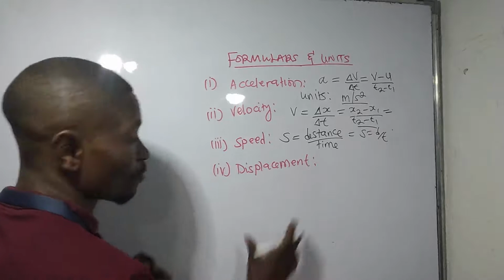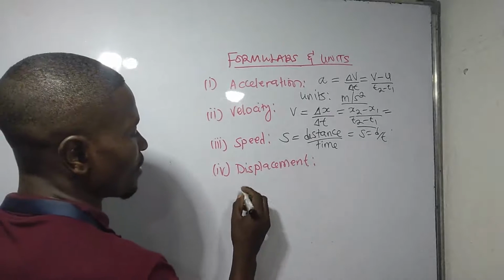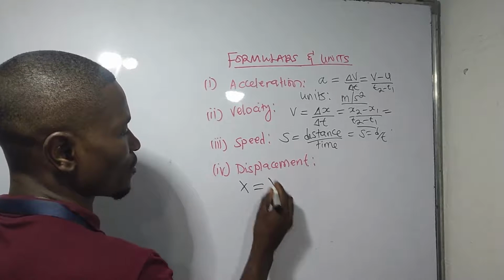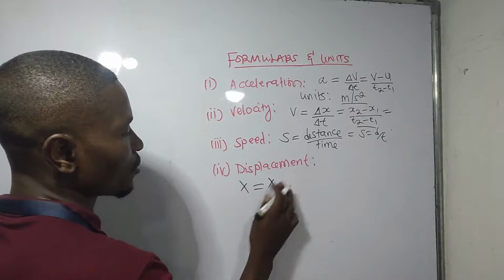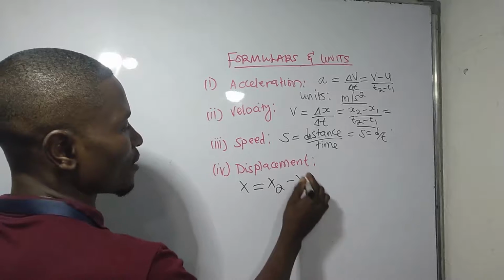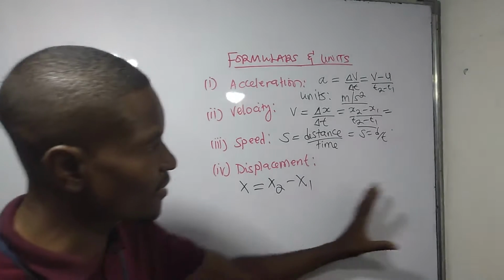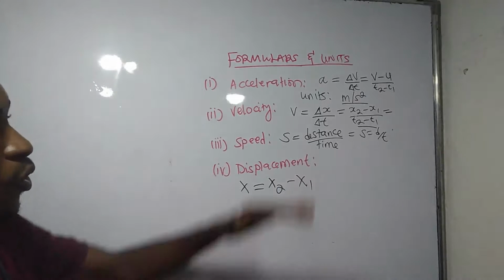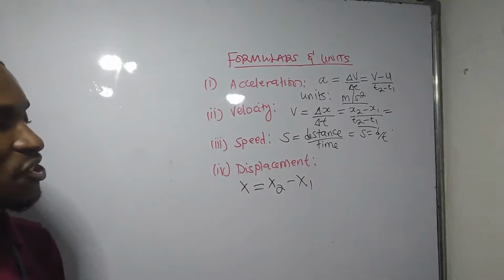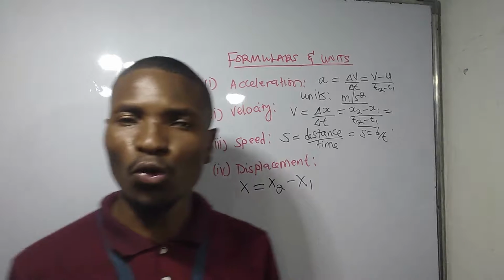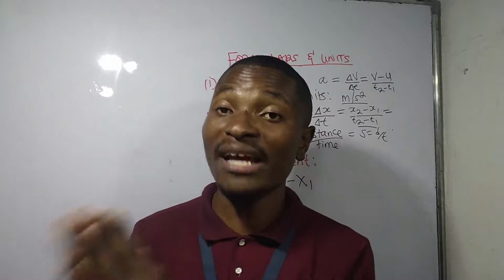Then finally, displacement is just the change in position, so the final position minus the initial position. These are the formulas derived from the definitions. In the next video, we'll look at some of the equations of motion.